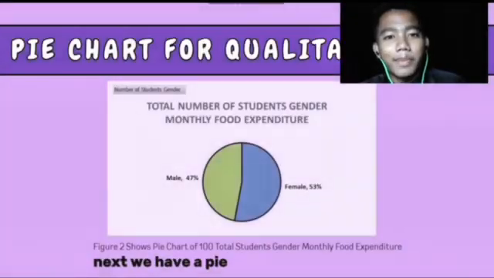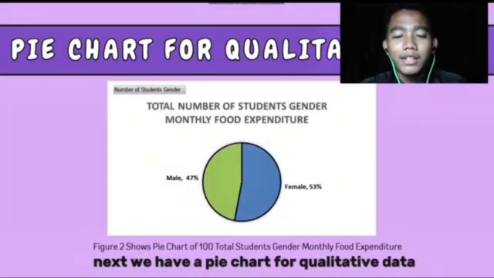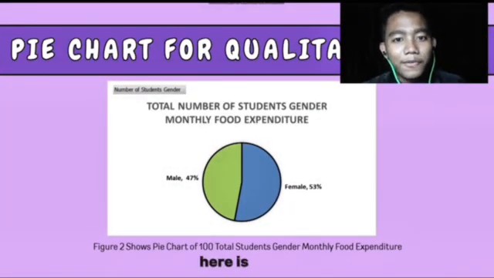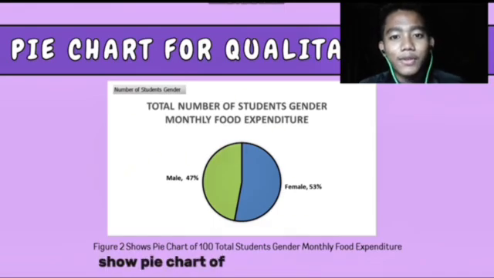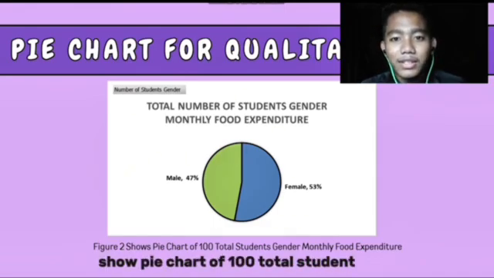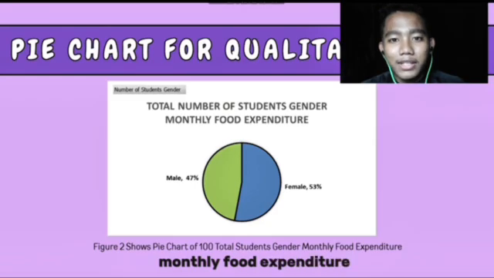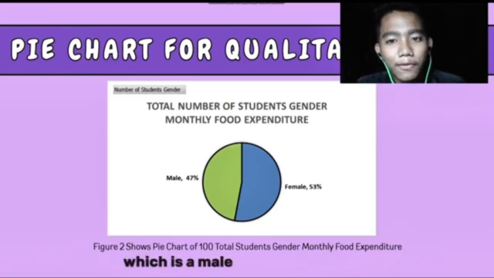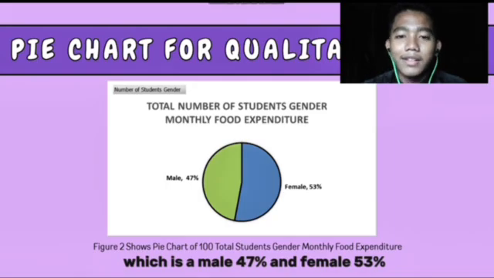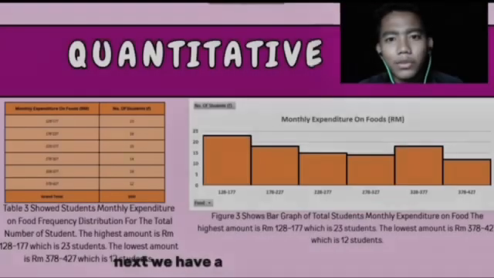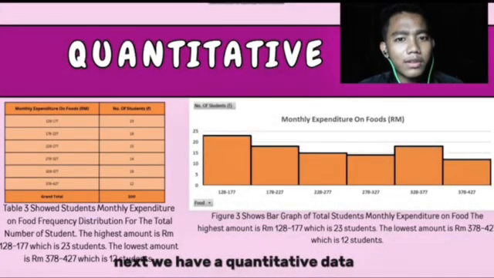Next, we have a pie chart for qualitative data. Here is figure 2 showing a pie chart of 100 total student gender monthly food expenditure, which is male 47% and female 53%.